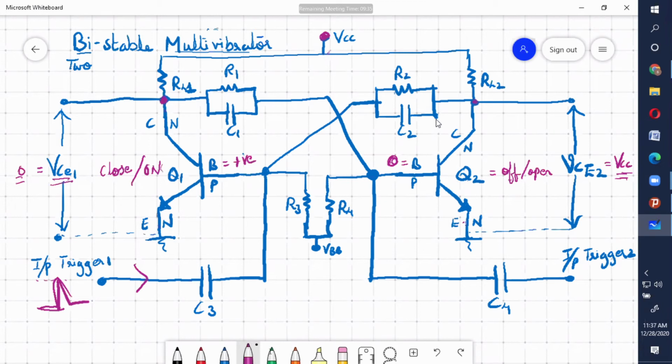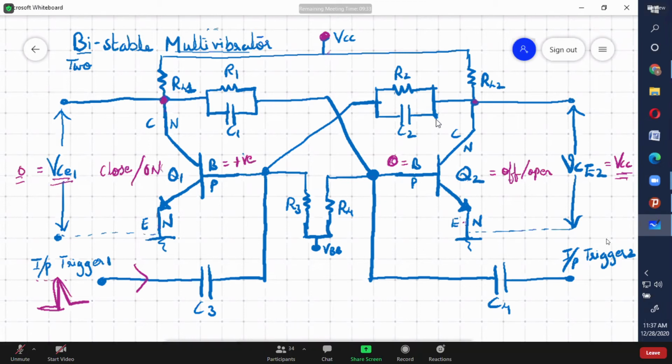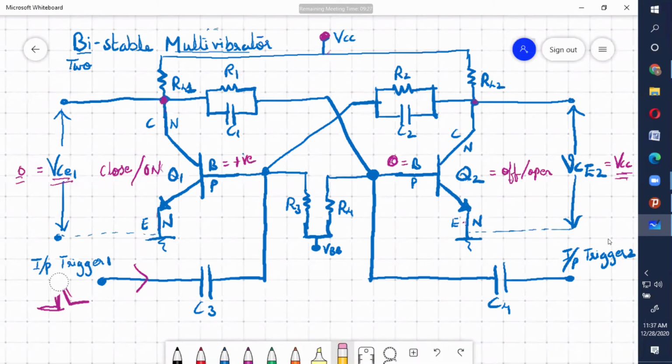Okay. Now the other condition. The next condition we'll see here. Assume that instead of applying input trigger 1, we apply input trigger 2. Can you tell me which transistors are on? If the base value, that is input trigger 2, is applied as a positive voltage, what will happen?